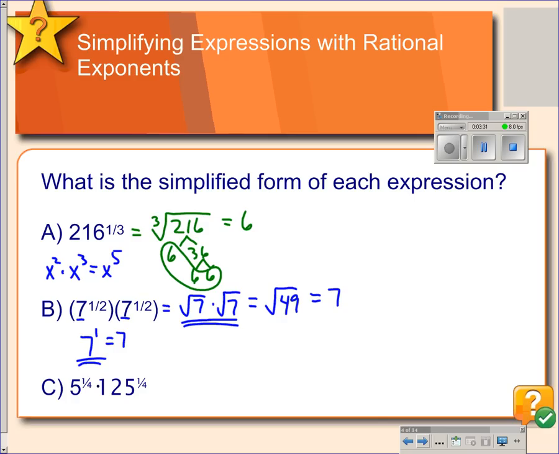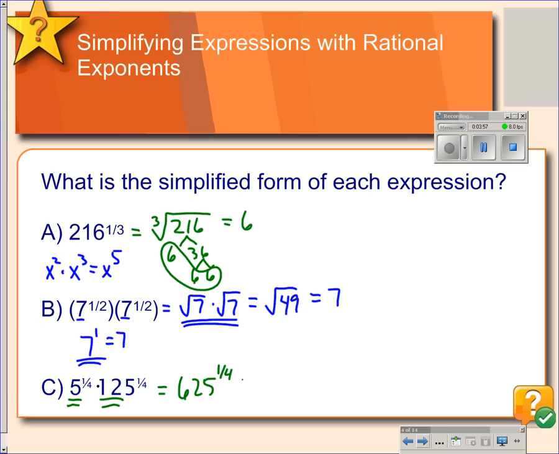If only one of them matches, as in example C, you have to work with the part that is non-matching. Since these are both 4th roots, I can multiply the 5 times 125, and that gives me 625. So this is 625 to the 1/4 power.